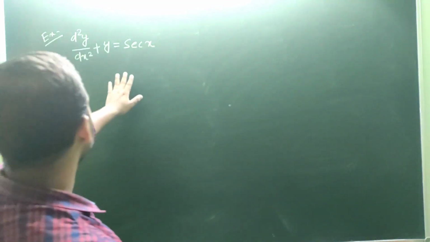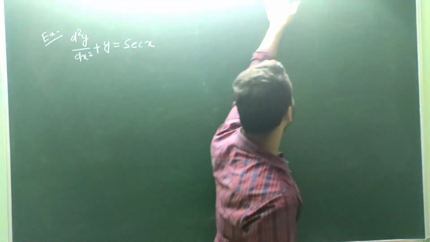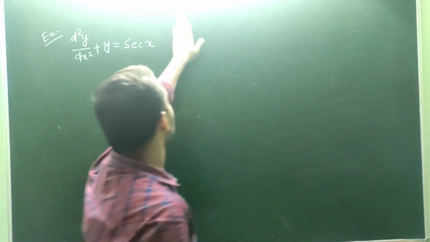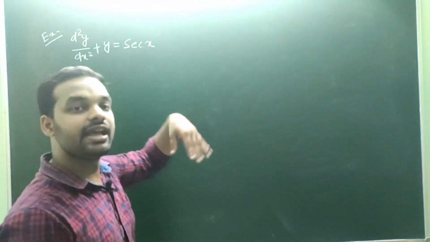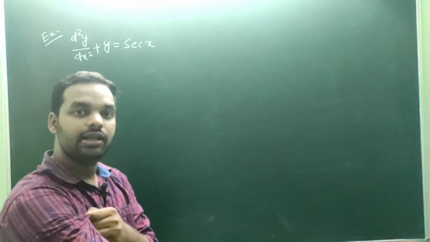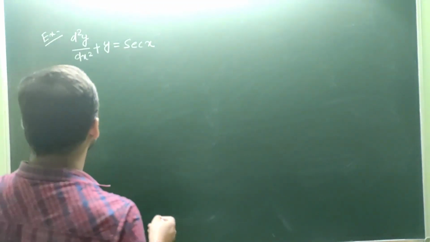If you see sec x, we have not done any type of r of x in which this sec x is there, or we can convert this sec x into one of those things, right? So what you have to do, we have to use this particular method.